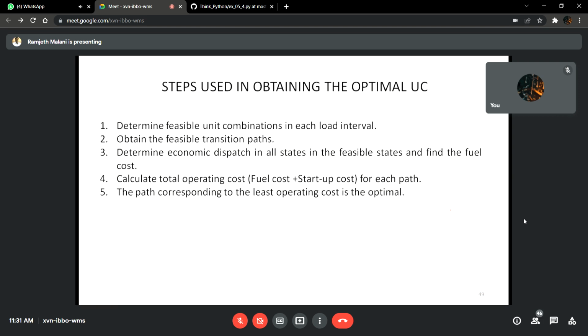Then we obtain the feasible transition paths. After that, determine economic dispatch in all states in the feasible path and find the fuel cost. Then we can calculate the total operating cost for each path, fuel cost plus startup cost. The path corresponding to the least operating cost is the optimum.